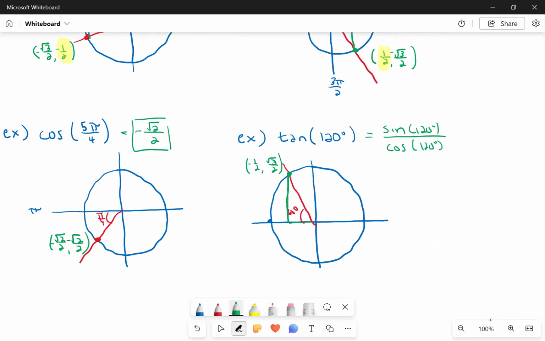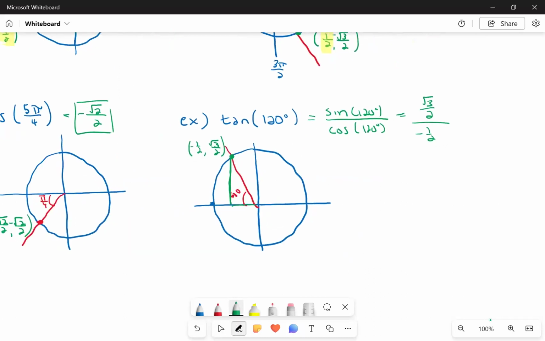Scooch my screen over here. So that would be the square root of 3 over 2, that's the sine value, over negative 1/2. And then because I'm working with fractions, I can flip that division and change it to multiplication. The 2's will cancel. And I'm left with negative square root 3.